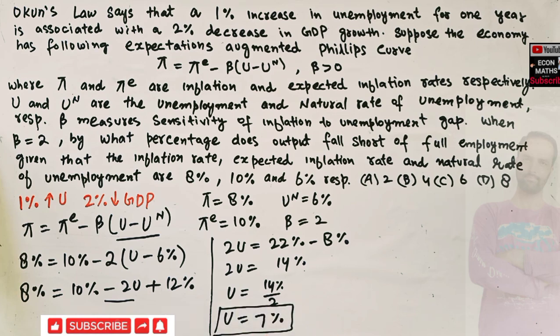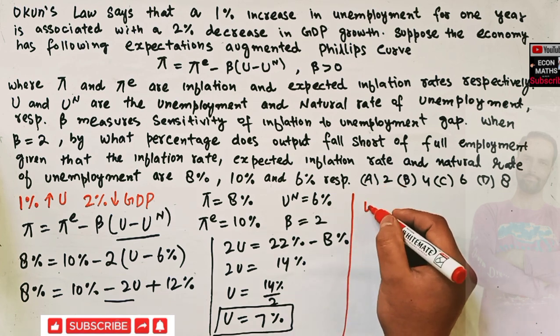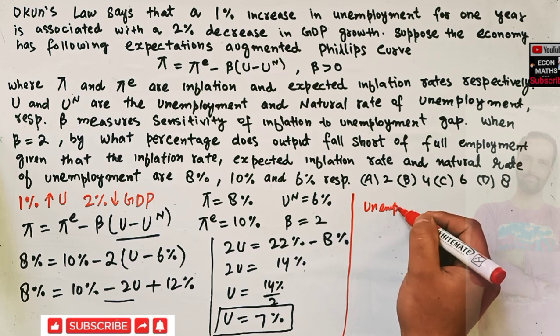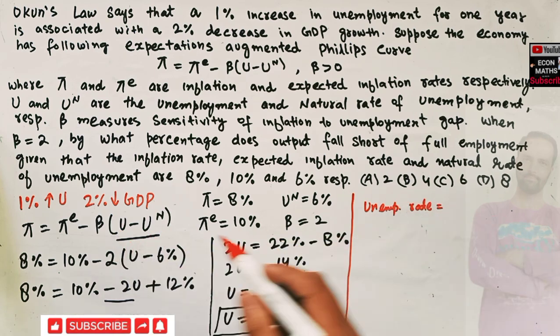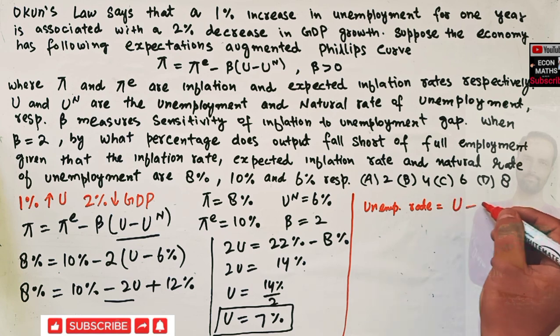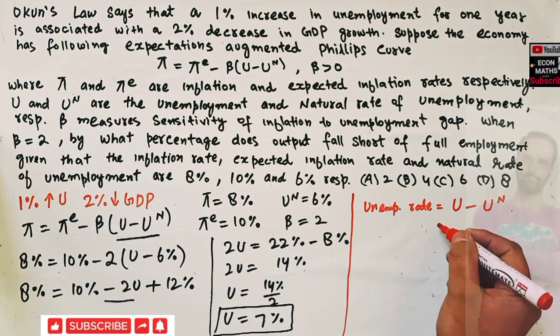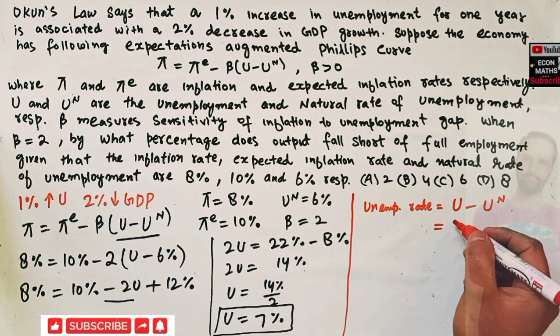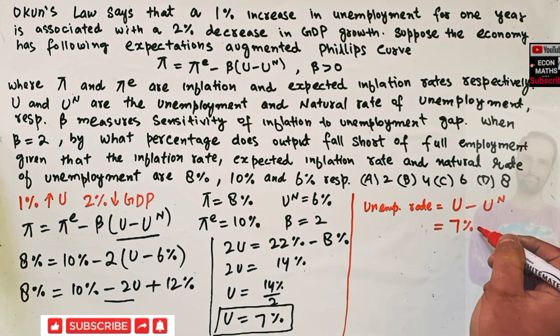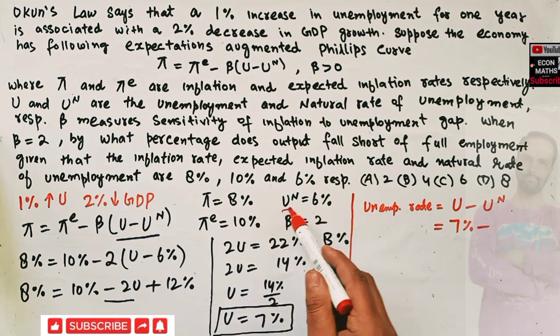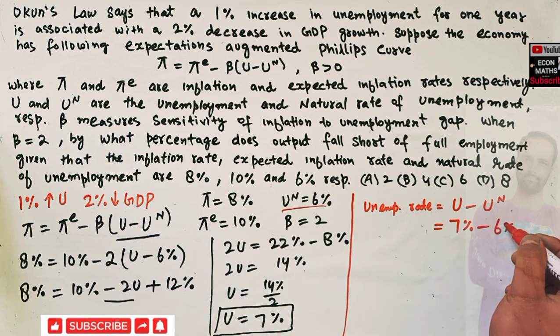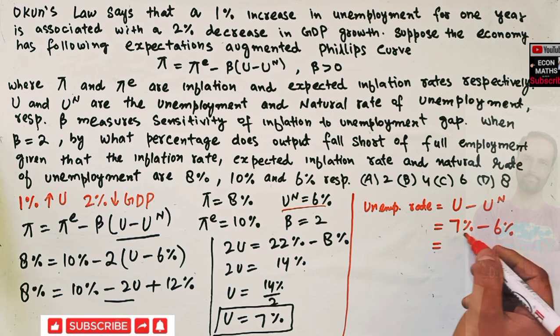Now what is the unemployment gap then? So unemployment gap will be equal to u minus un. Okay, u minus un, and the value of u we got as 7%, and the natural rate of unemployment is given as un is 6%, so I will write here 6%, which means 7% minus 6% comes out to be 1%.